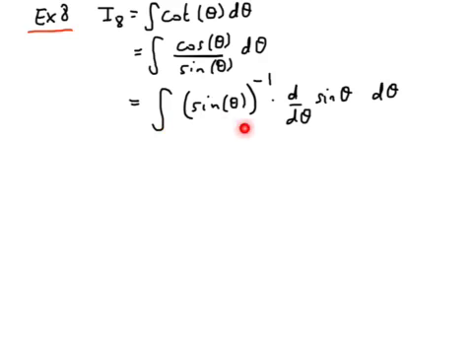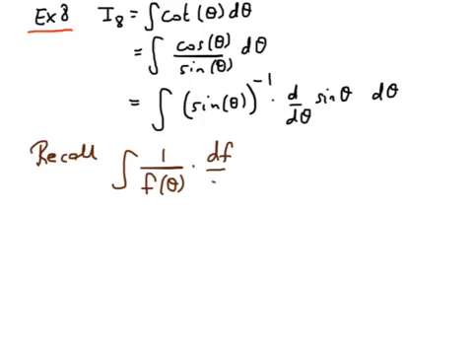So this integral has the form of the formula that we have seen before. So we recall that the integral of 1 over some function of theta multiplied by df d theta integrated with respect to theta is the logarithm of the modulus of the function of theta plus an integration constant.